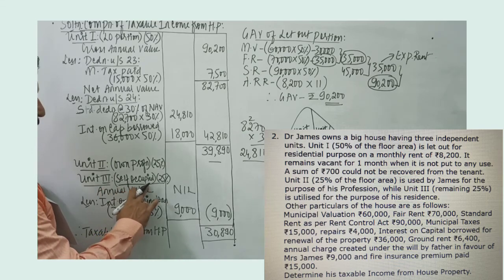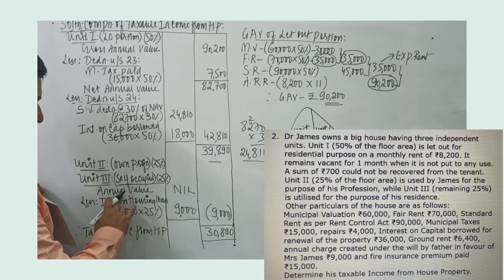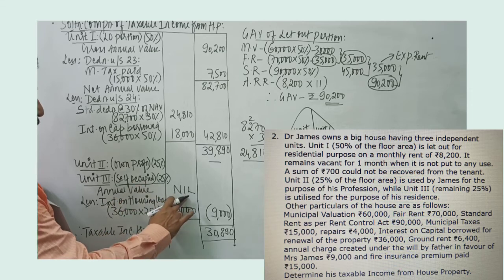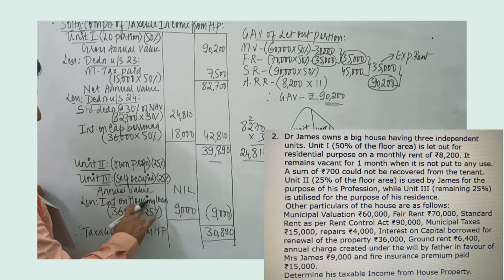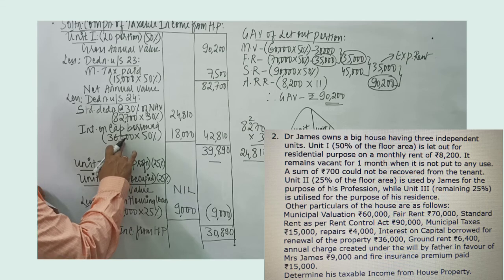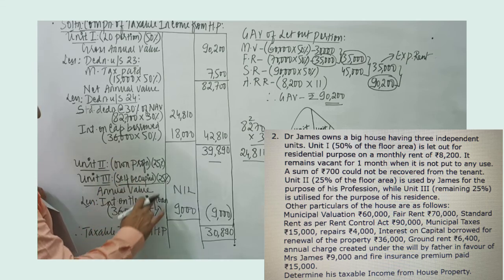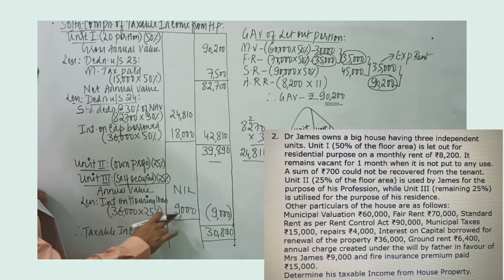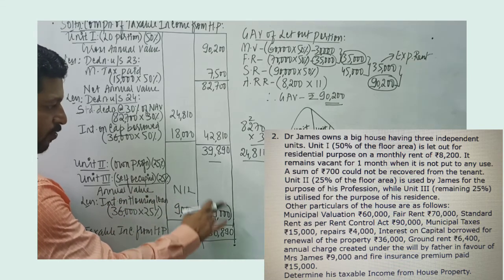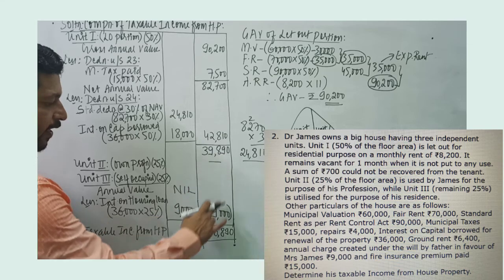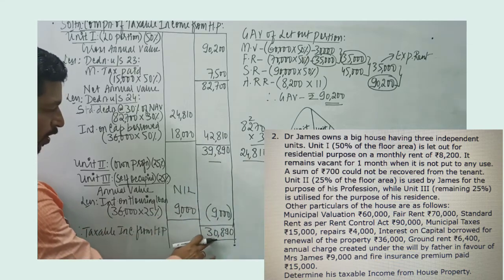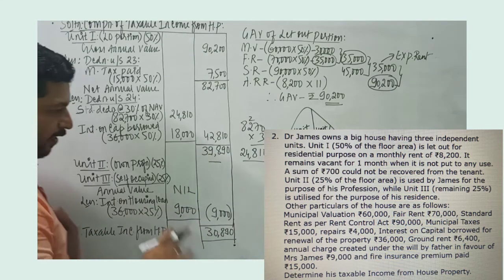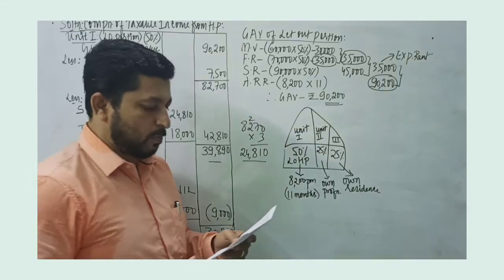Unit 3, self-occupied portion, which is 25%. The annual value of a self-occupied portion is always nil. And interest on housing loan, borrowed capital is 36,000. 25% is the self-occupied part, 9,000. So 0 minus 9,000 will give you minus 9,000. So plus 39,890 minus 9,000 would give you 30,890 taxable income from house property.